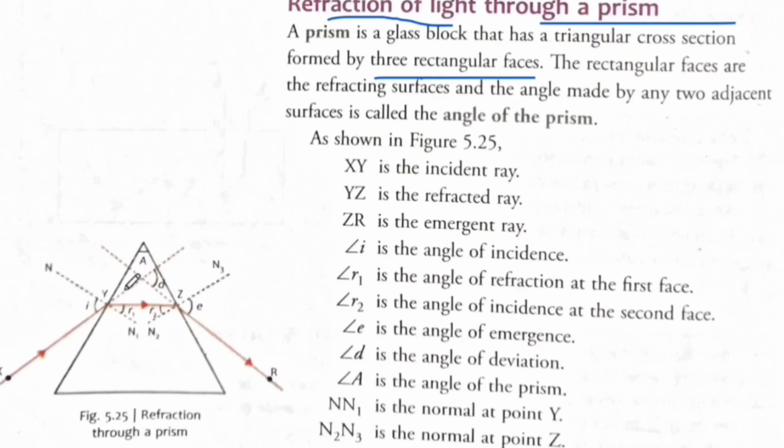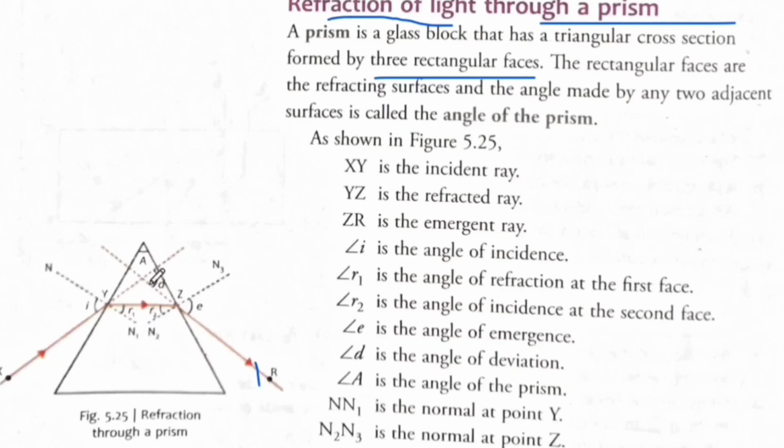So what was the total deviation of the original ray of light? Students, this is the angle of the prism, and this angle is the total deviation. The ray of light which should have followed this path, after being deviated this much, has totally changed its direction.